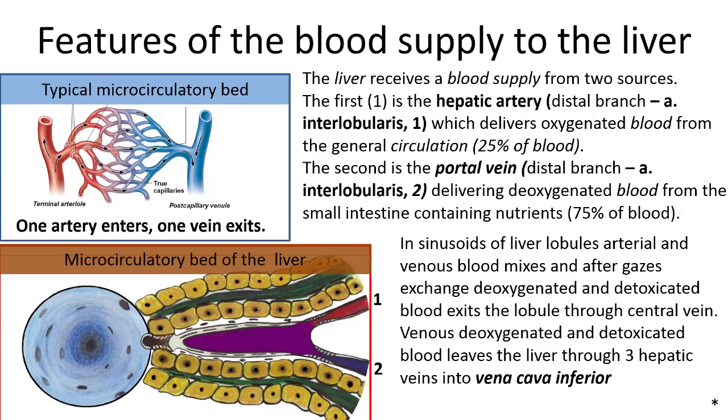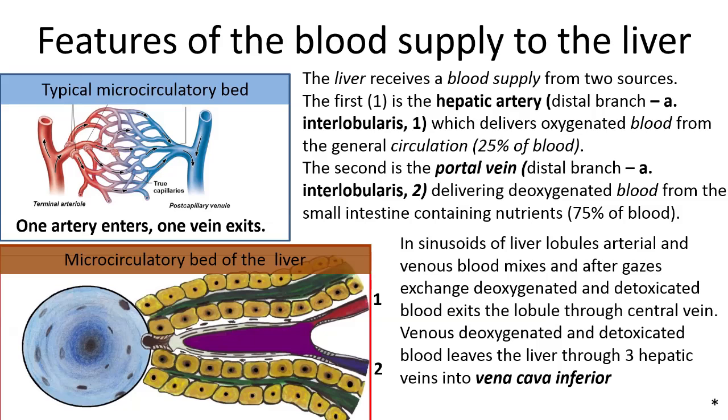So let us summarize the features of blood supply to the liver. If we have such a question, what are the features of blood supply to the liver? The right answer should be that the liver, in comparison with another typical microcirculatory bed, has 2 sources of blood supply.